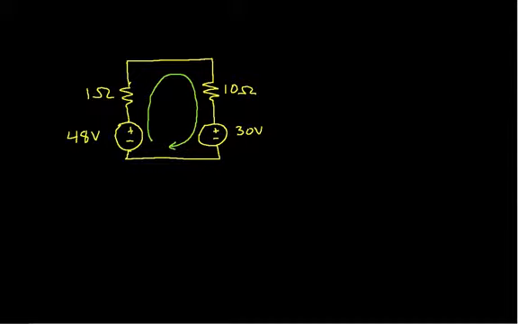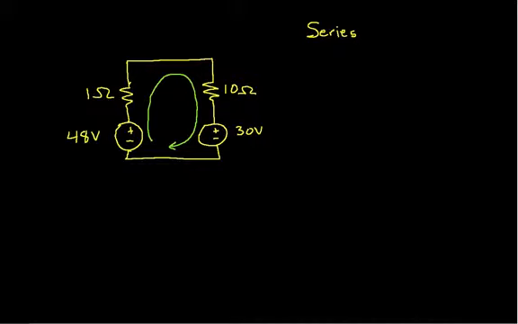Another way of talking about this is to say that all of the circuit elements are in series with each other. A series connection means that all of the current that flows through one element must flow through the next element.